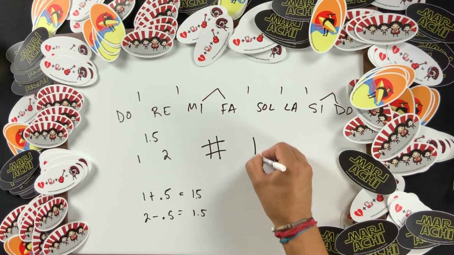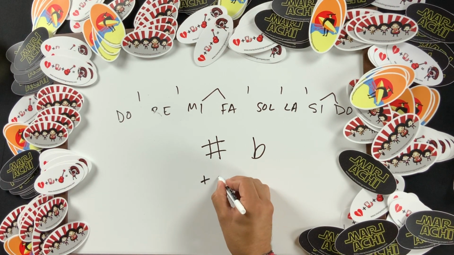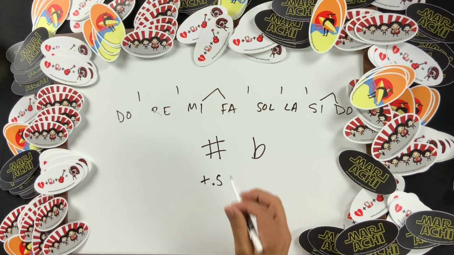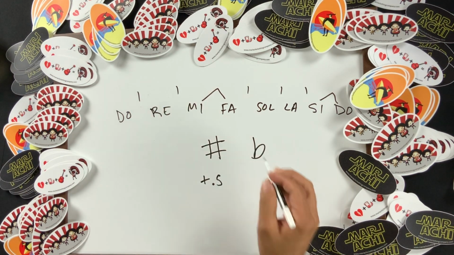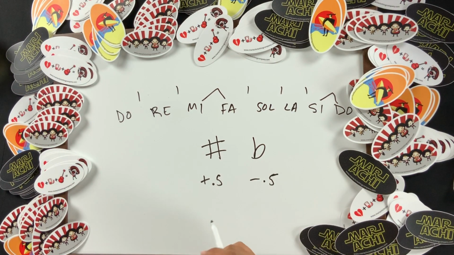In music, we don't use the plus or the minus. We use symbols called the sharp and the flat. The sharp adds half a step to the pitch. The flat deducts a half step from the pitch.